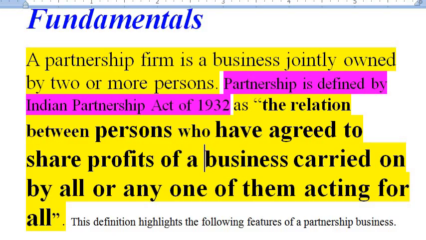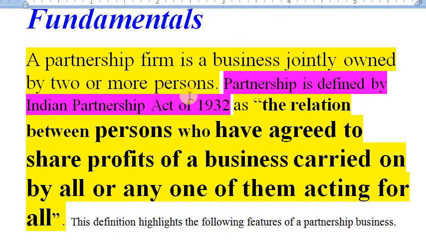So relation between persons. Okay, that relation, this definition is a short definition, has all the features of a partnership business. Okay, so you don't have to study the features separately, learn the definition, and then the features are all included in it. Okay, relation between persons.